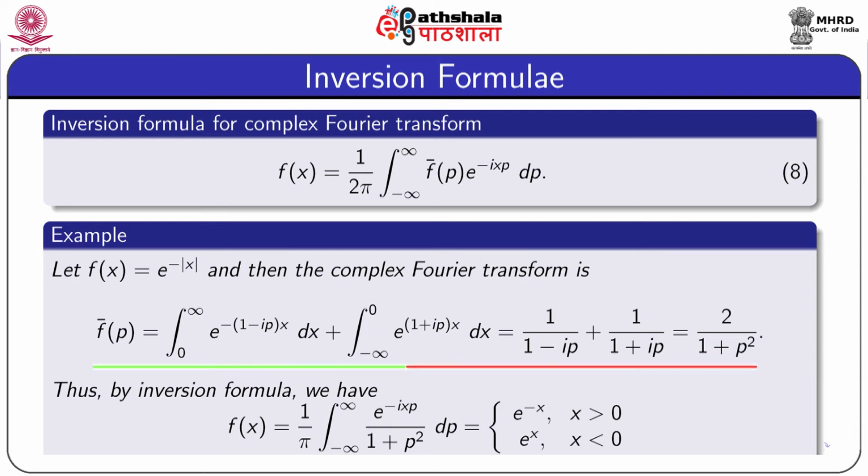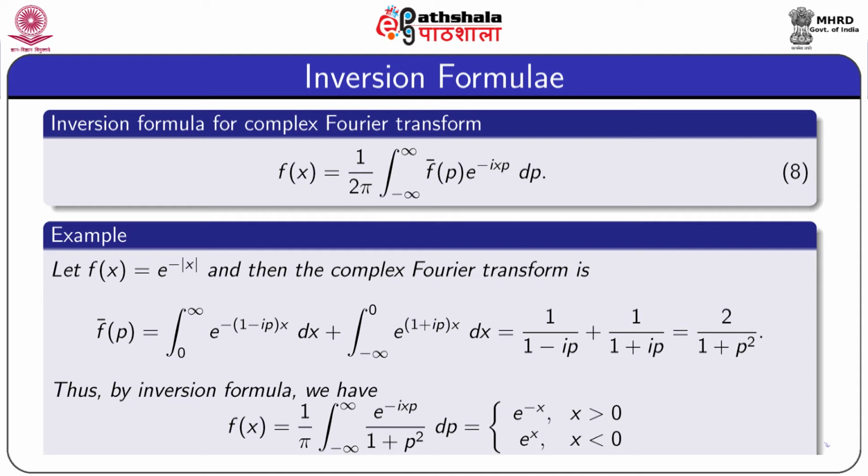The first integral gives 1 divided by 1 minus i p, and the value of the second integral is 1 divided by 1 plus i p. So, after simplification, the expression for f bar p becomes 2 divided by 1 plus p square.